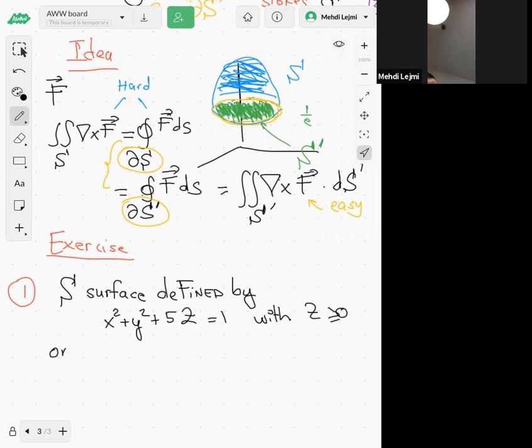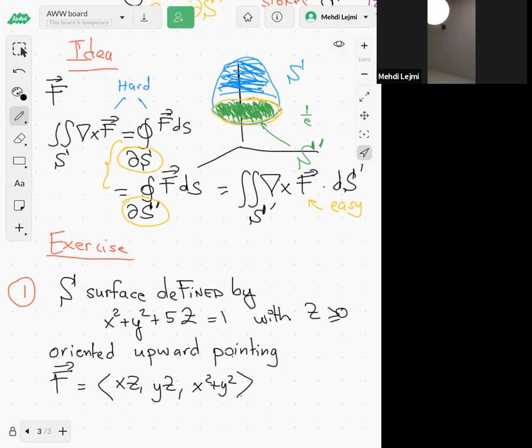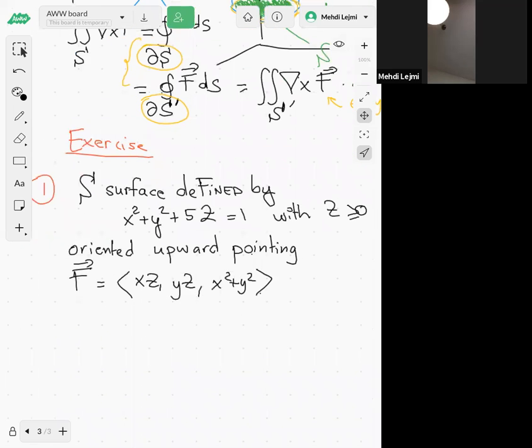The surface is oriented upward, with upward pointing normal. Okay, and let's say your vector field F is xz, yz, x squared plus y squared. So what you have to do in this first exercise, guys, is to verify Stokes theorem.